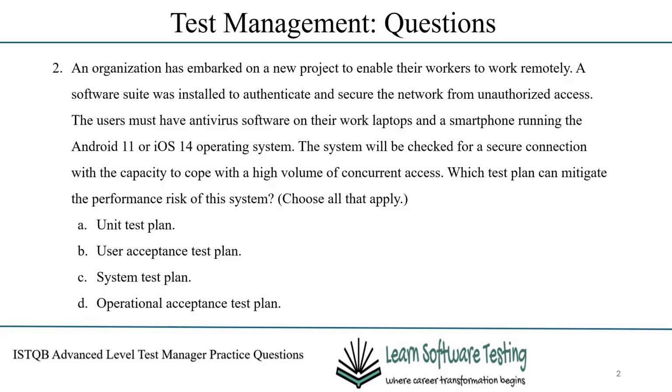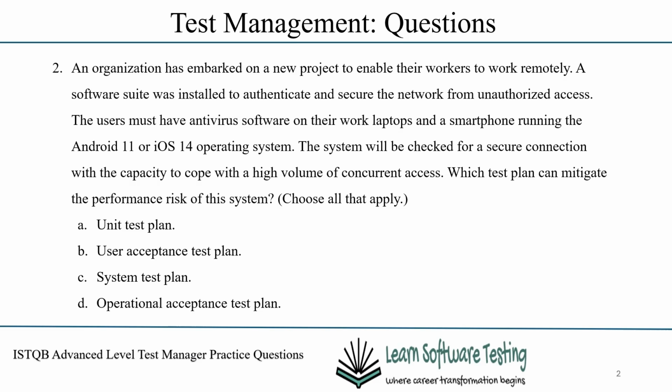So the second question basically states an organization has embarked on a new project to enable their workers to work remotely. A software suite was installed to authenticate and secure the network from unauthorized access. The users must have antivirus software on their work laptops and a smartphone running the Android 11 or iOS 14 operating system.